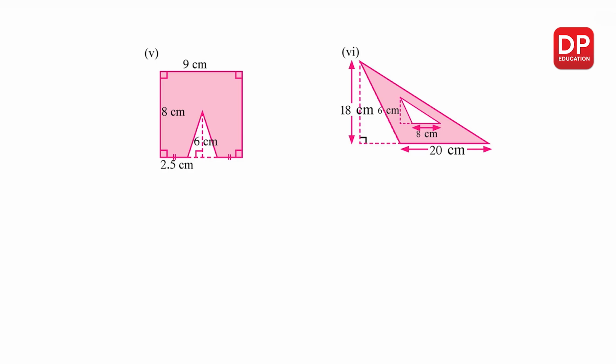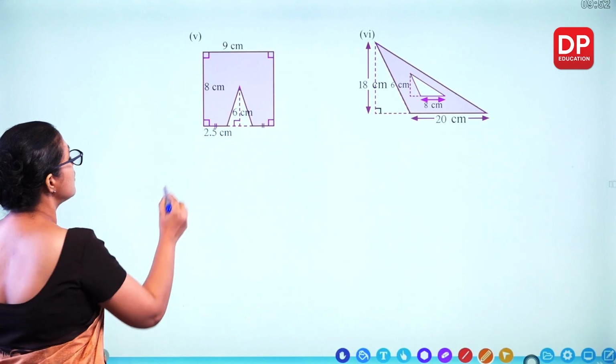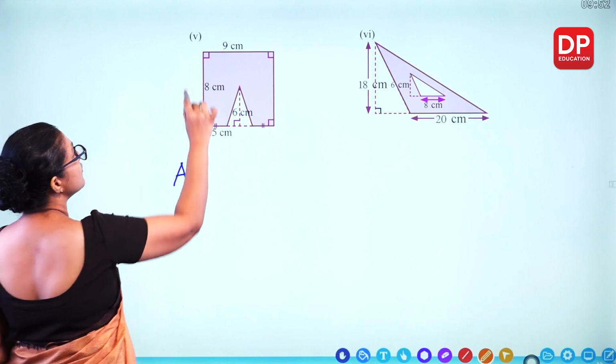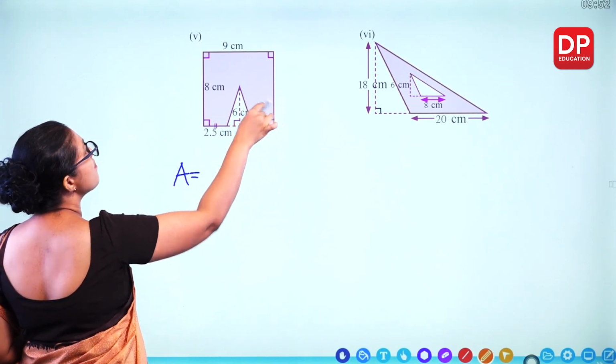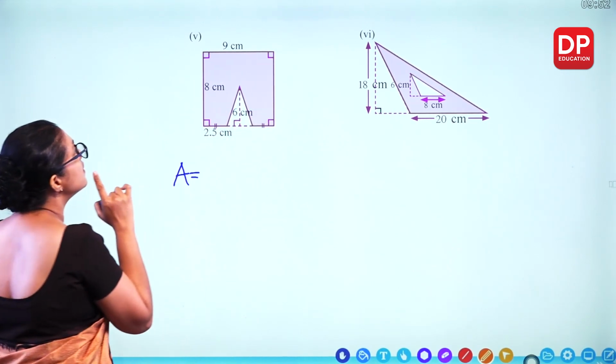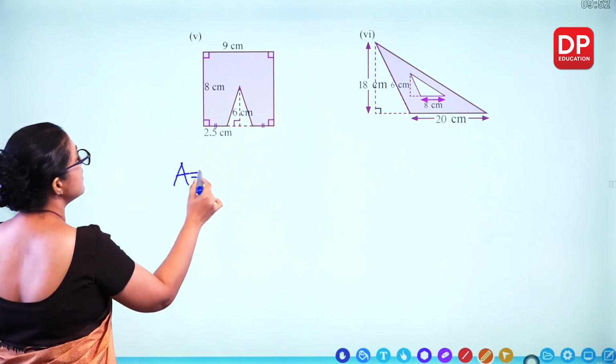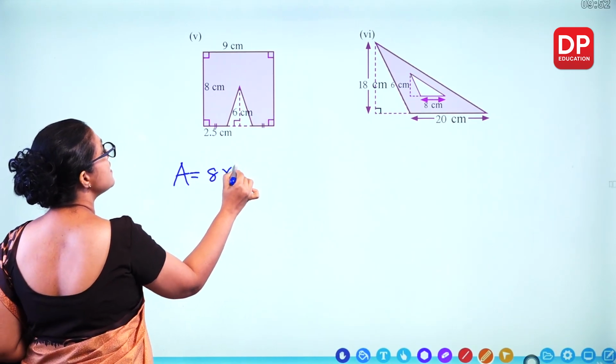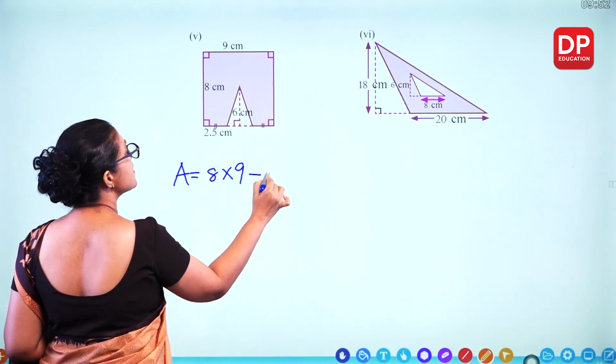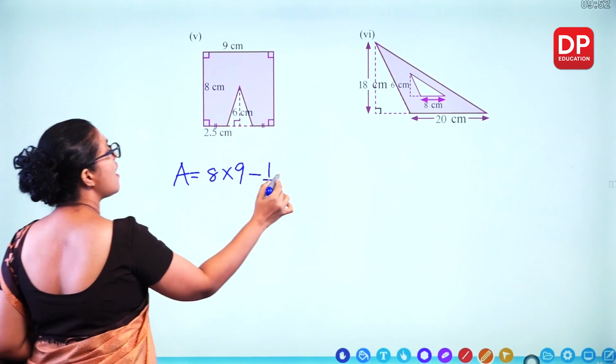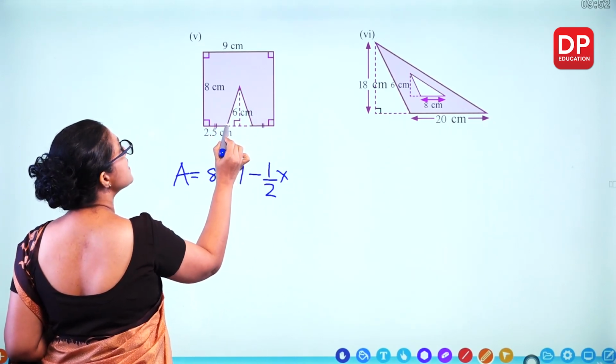This one, you are asked to find the shaded part. So what's the area? This full thing minus this triangle. So full rectangle, area of the rectangle is 8 times 9 minus area of the triangle, half into base.